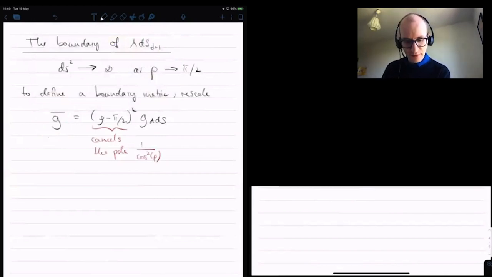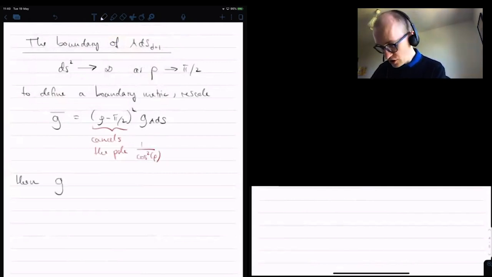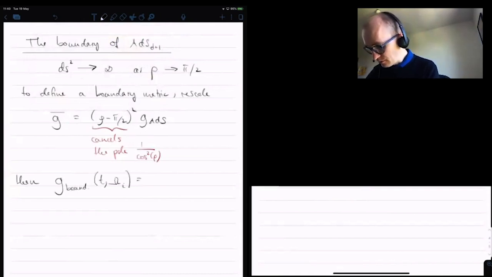And then the boundary metric, G boundary. So this is now the metric just restricted to the boundary, which therefore depends only on time and these angular directions, omega I. This is what we would call the limit of rho goes to pi over 2 of G bar.